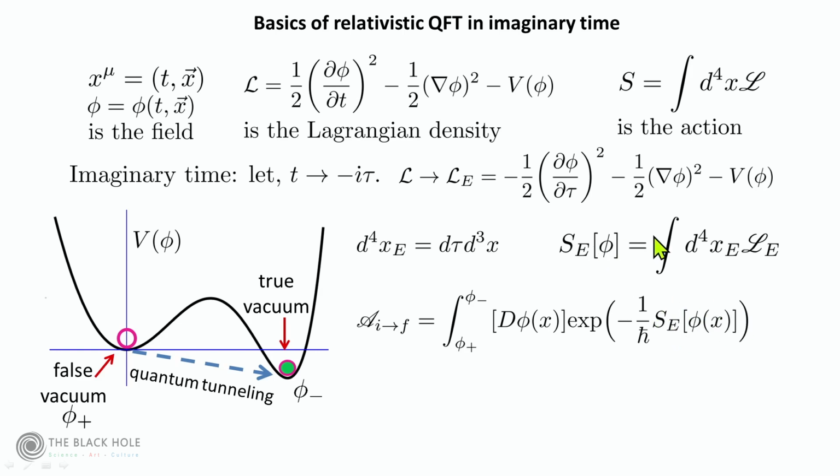So this action is made by taking this Lagrangian, and you see that the imaginary part has been made to disappear. So this is now well behaved instead of oscillatory.